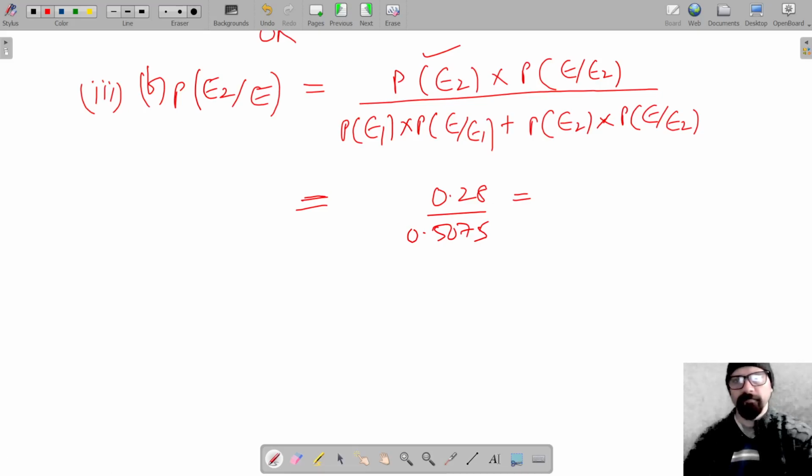This is 0.35 into 0.8, which is 0.28, and I can write the denominator as 0.51.